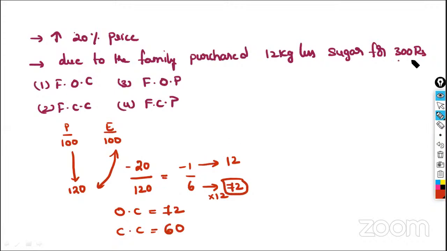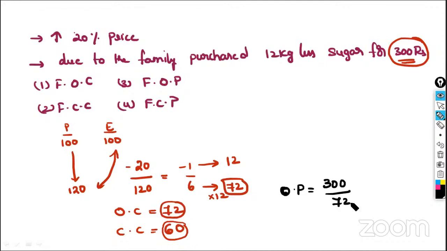Seema, here 300 rupees is given. For 300 rupees at the initial time, I am getting 72 kg. After that, for 300 rupees, I am getting 60 kg. So what will happen? We can find the per kg price. See, original price is 300 rupees by how much quantity? 72 kg. Current price is 300 rupees by 60. Then find out, so it will be easy. 5 rupees per kg.